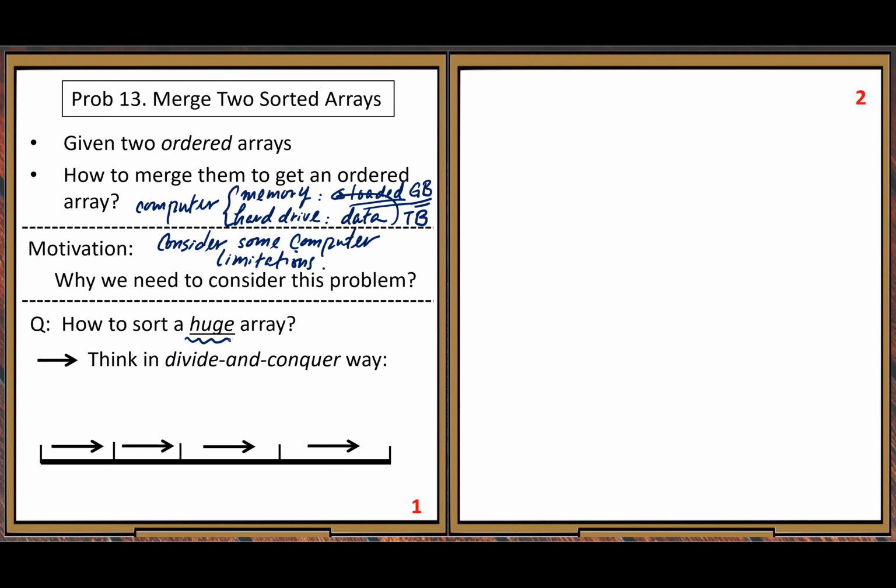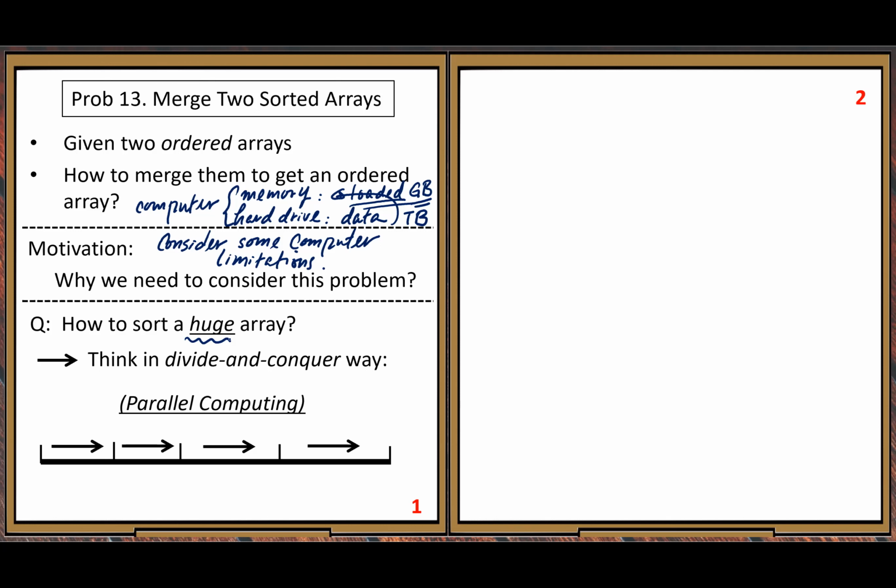So we may need to apply this merge operation. Next, if you can split, divide, and conquer, you can take advantage of parallel computing. Another reason we may need to split a big array is that right now multiprocessors are very common.